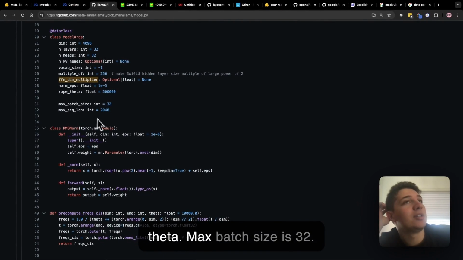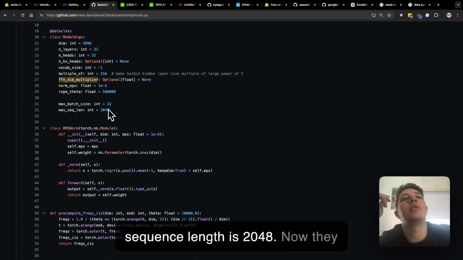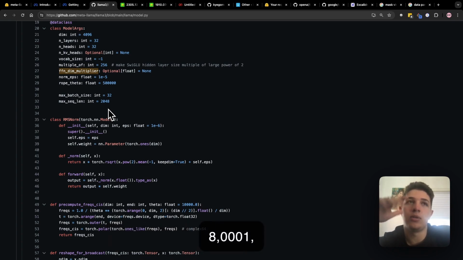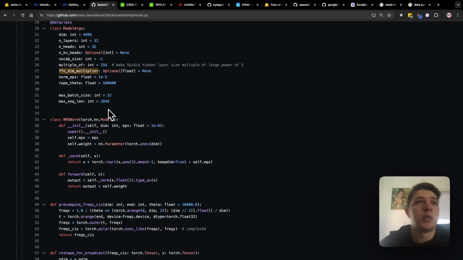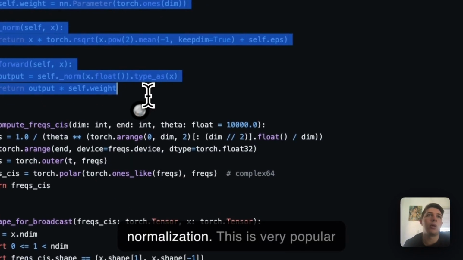Max batch size is 32. Max sequence length is 2048. Now they had a sequence length of 8,196.